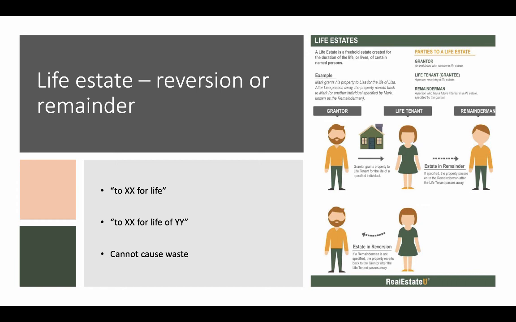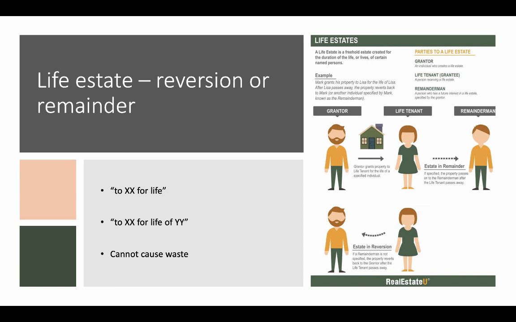So if this property was given to X for life and then to A, then we would have a life estate and a remainder interest, because it's not reverting back to the grantor, it's going to someone else.